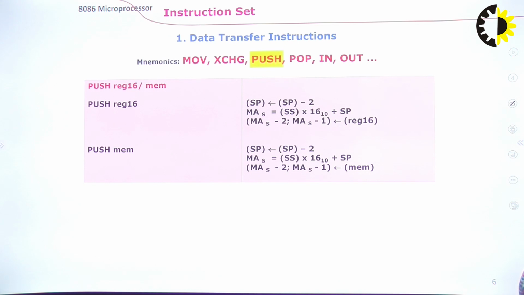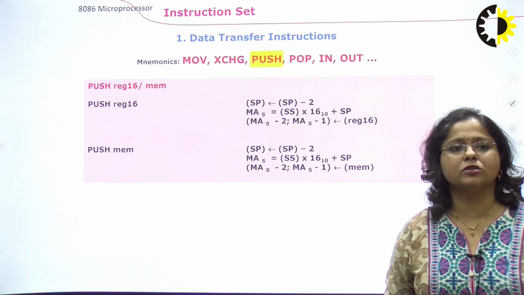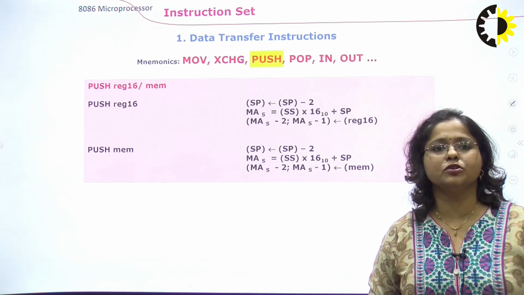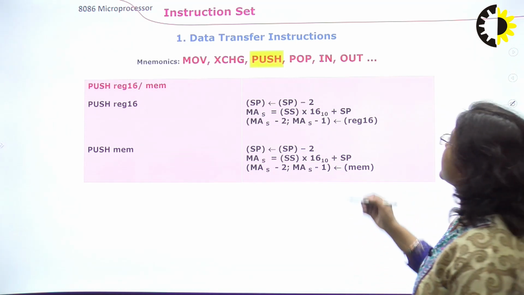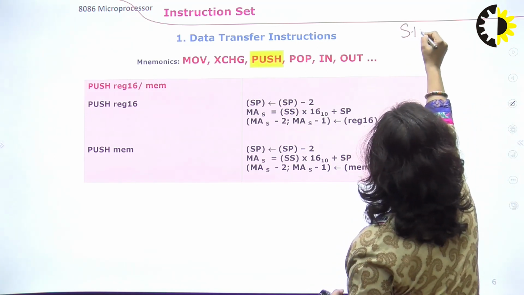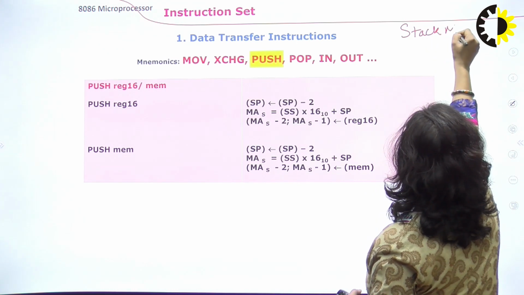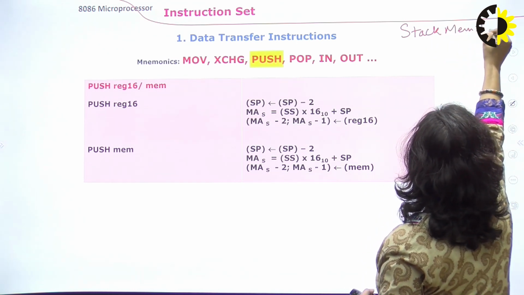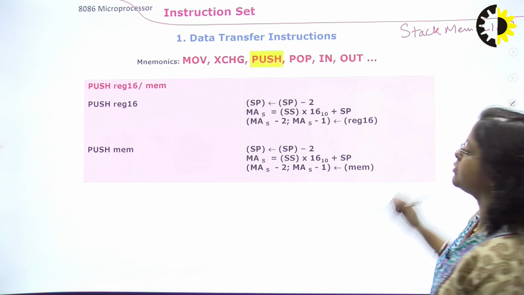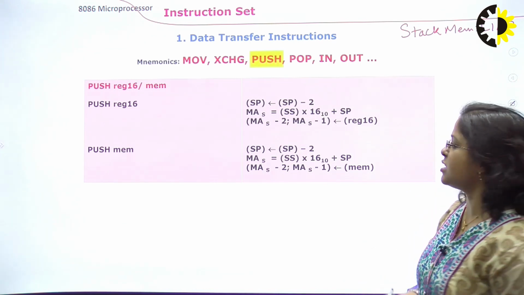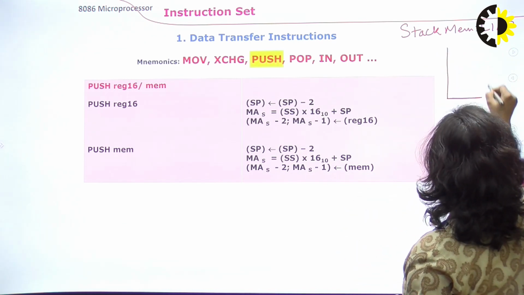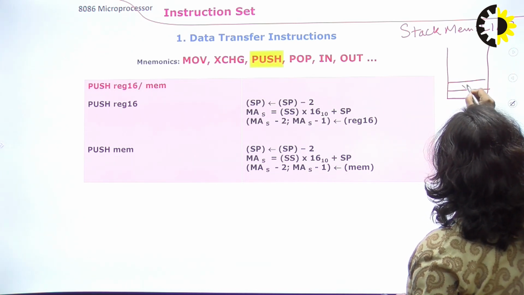Now push. The previous two instructions work on normal memory, whereas push and pop work on stack memory. Stack memory is a special type of memory which is LIFO, that is last in first out. So the stack pointer always points to the top filled location of the stack.